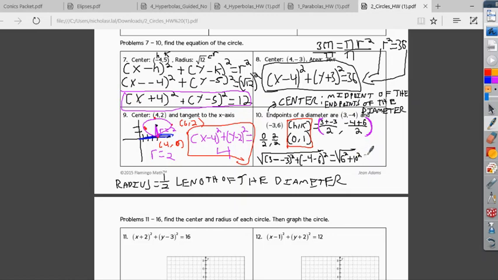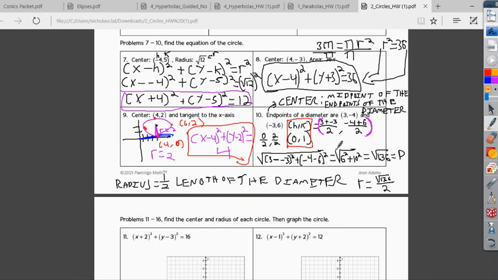That's equal to the square root of 136, which is the diameter. Now if that's the diameter, the radius r is equal to the square root of 136 over 2.